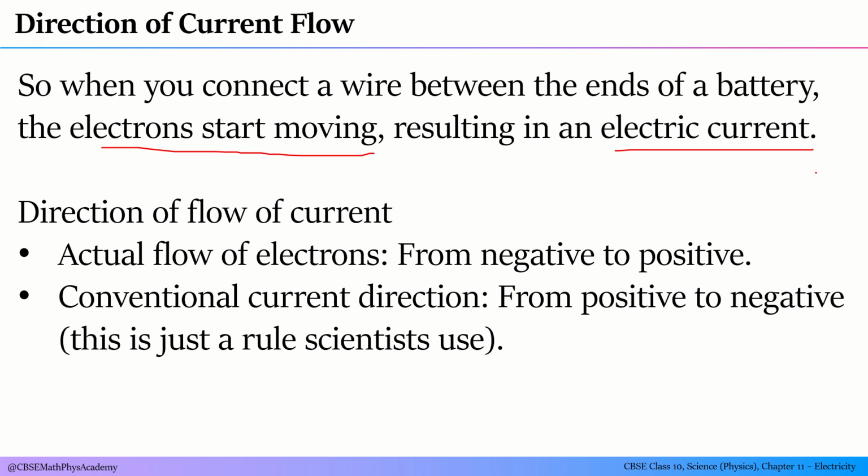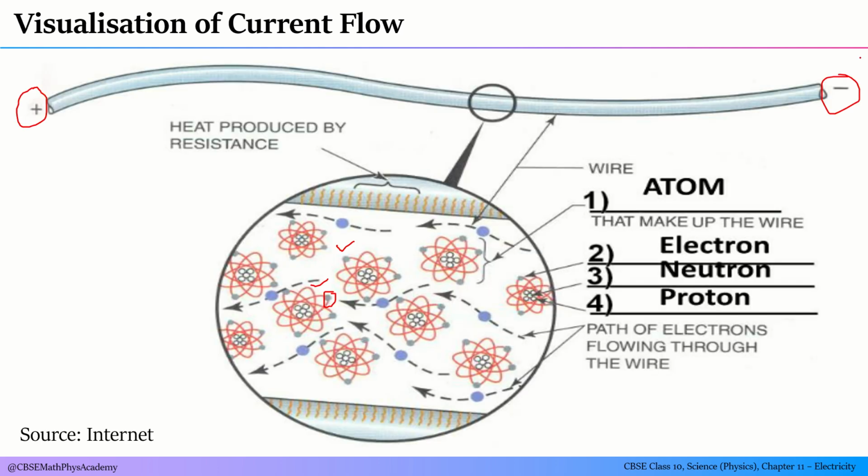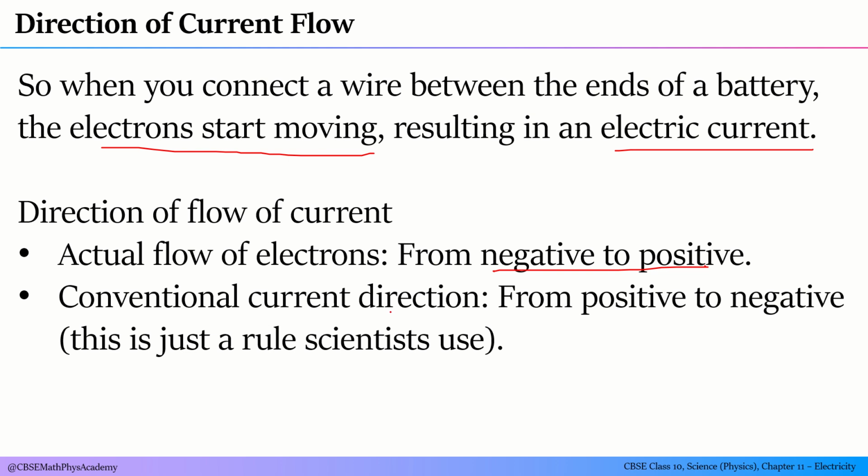The actual flow of electrons is from negative to positive, whereas the flow of current is from positive to negative. This is something very important you need to remember, because when you draw your circuit diagrams, you need to mark the flow of current starting from positive and going towards negative. You must be very familiar with this concept.